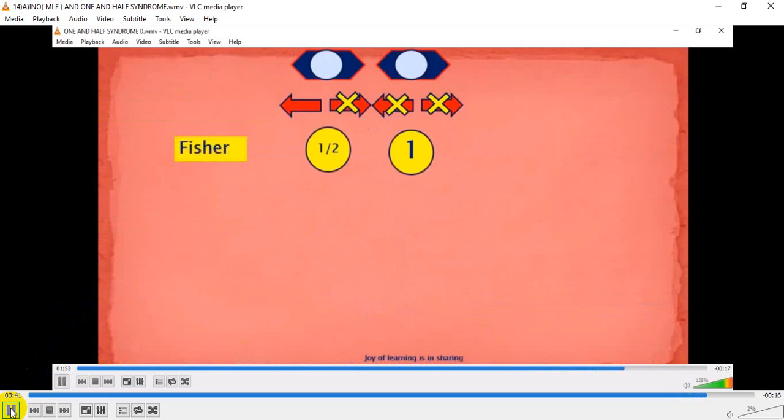This was described by Fisher. One means complete absence of gaze, and half, that is abduction is possible but the left eye cannot adduct. So that is half. That's why it is called 1.5. Very common etiology: infarction and demyelination.